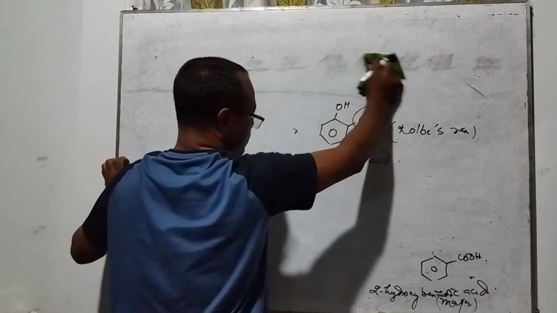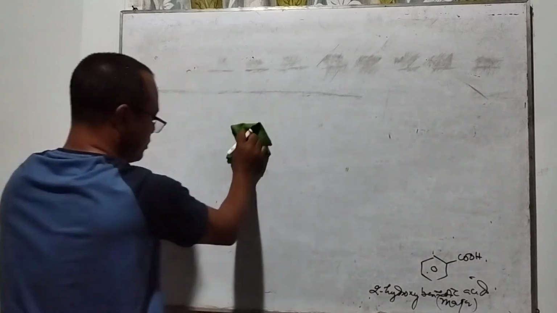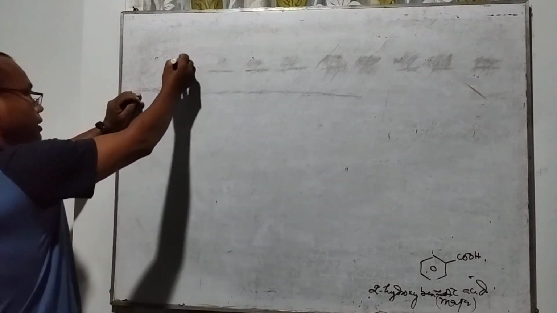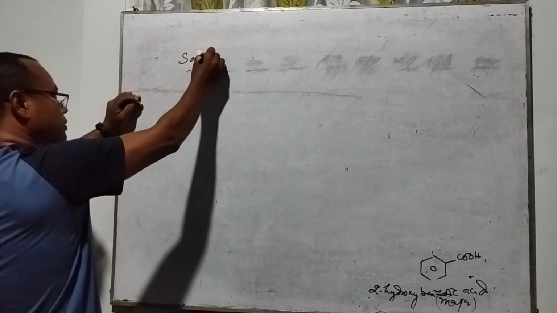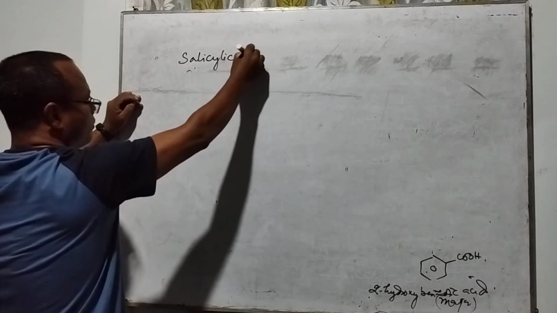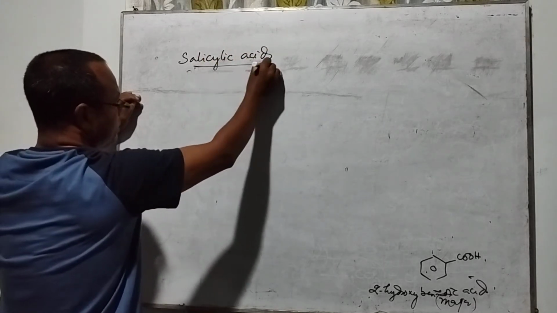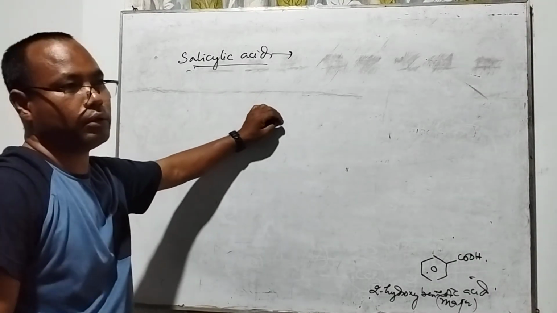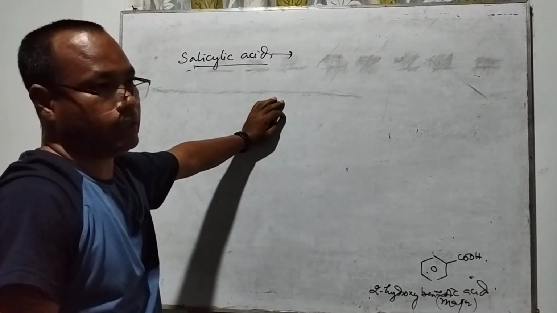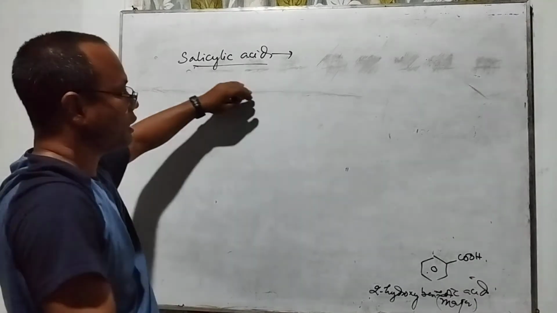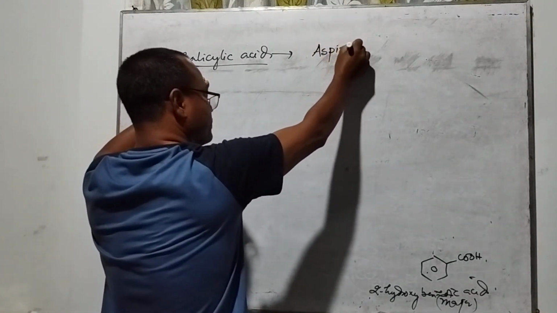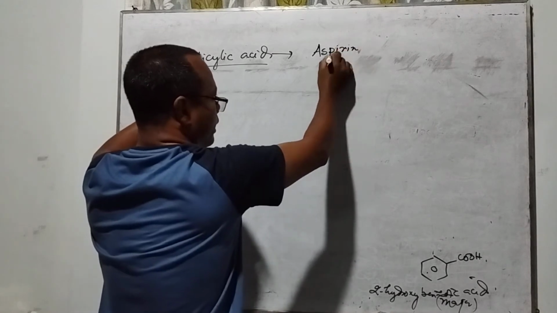Then this salicylic acid is one of the most important starting materials for the preparation of very important medicines or drugs. What is the name of the drug? That is aspirin. So I write aspirin.